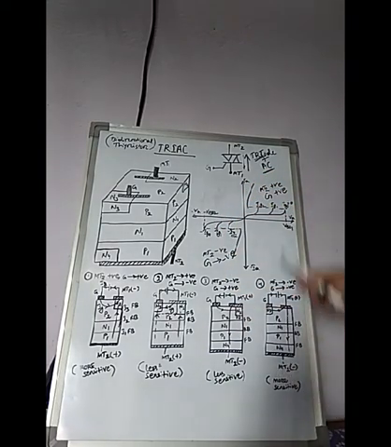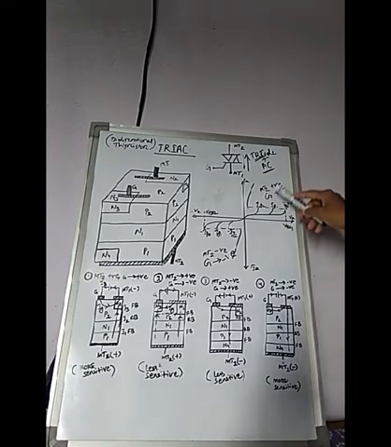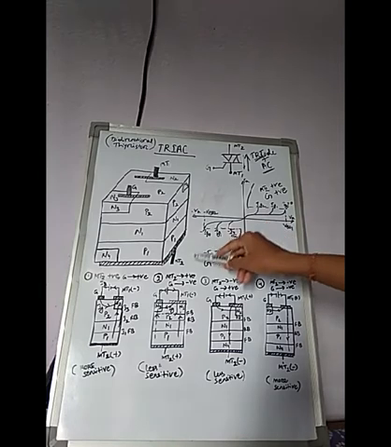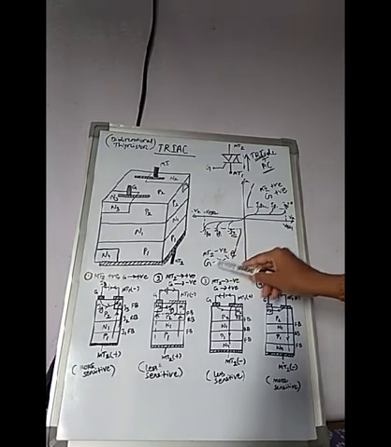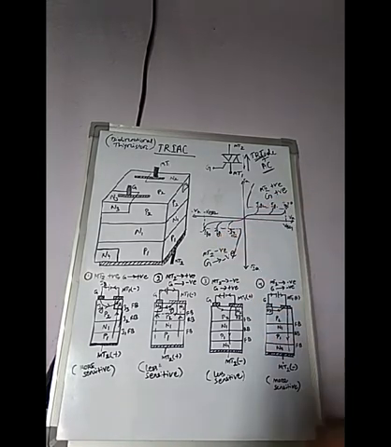That means when MT2 is positive and gate positive, the device is more sensitive, and when it is turned on with MT2 negative and gate negative, here also the device has more sensitivity.